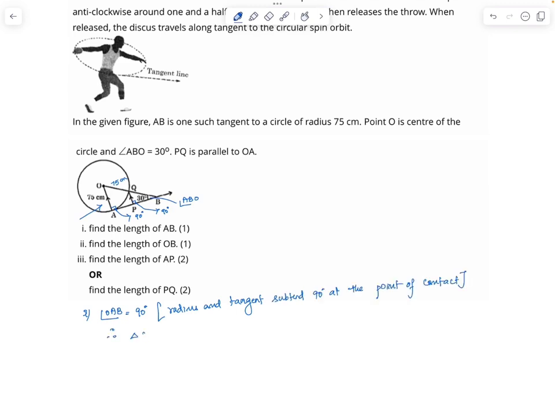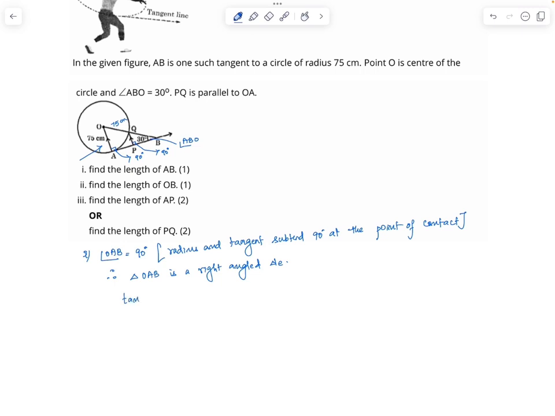Therefore, triangle OAB is a right angled triangle. Applying the tan ratio, tan 30 is equal to OA upon AB, that is opposite by adjacent. Tan 30 is 1 upon root 3. OA is 75 and AB is what we have to figure out. AB is 75 times root 3.